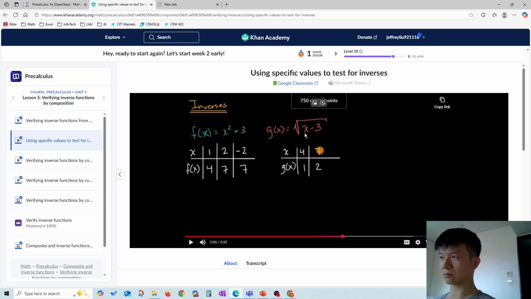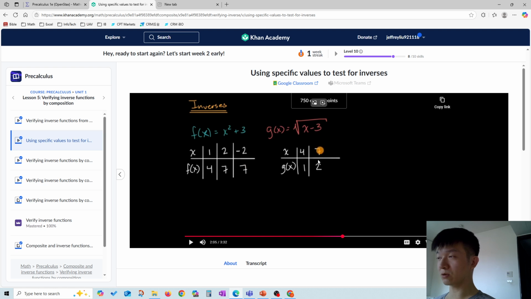But if you apply the operations of the inverse, then you get your 7 into the new function here, and 7 minus 3 is 4, right?